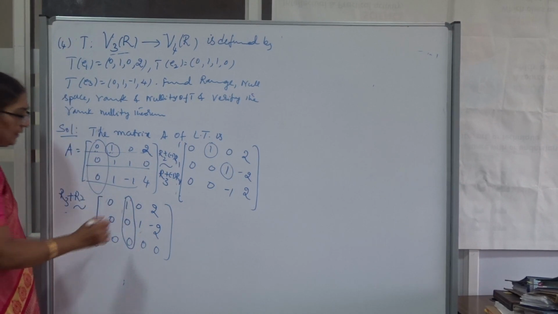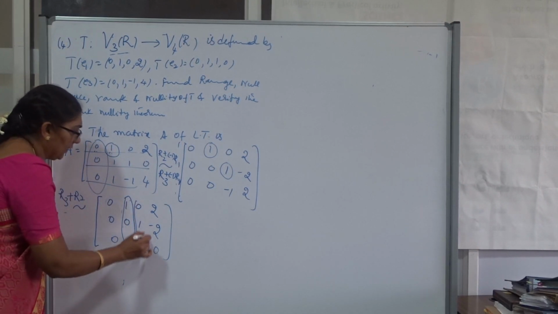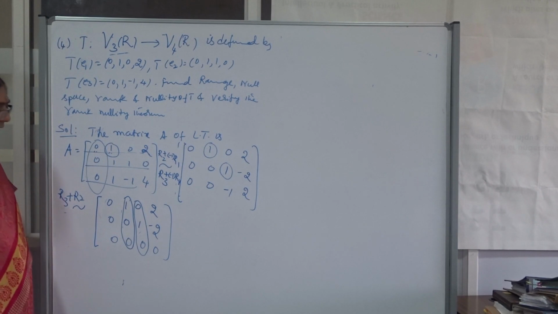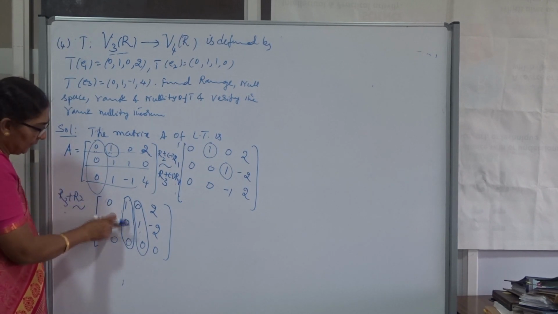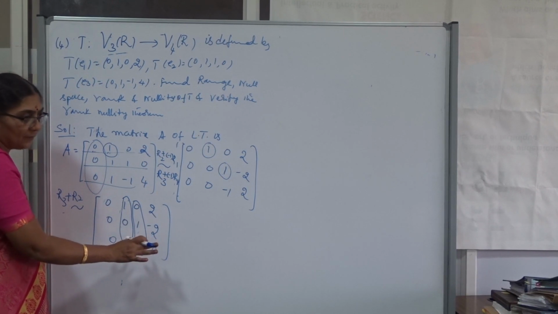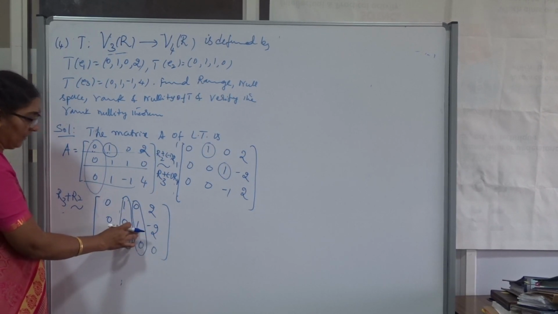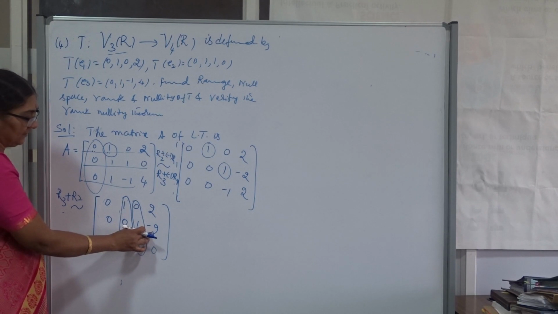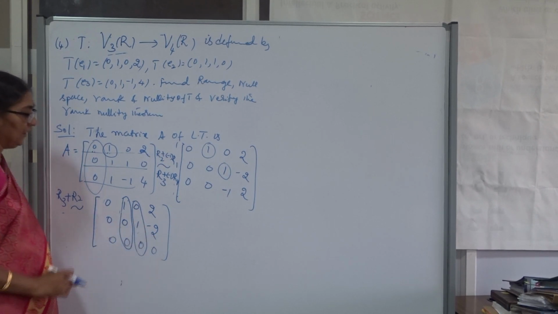This is a pivotal column, this is a pivotal column. In this pivotal column, except the pivotal element, the rest of the values are 0. This is not a pivotal column. For the second row, there is only one pivotal. You can't say that the third column is also a pivotal column.